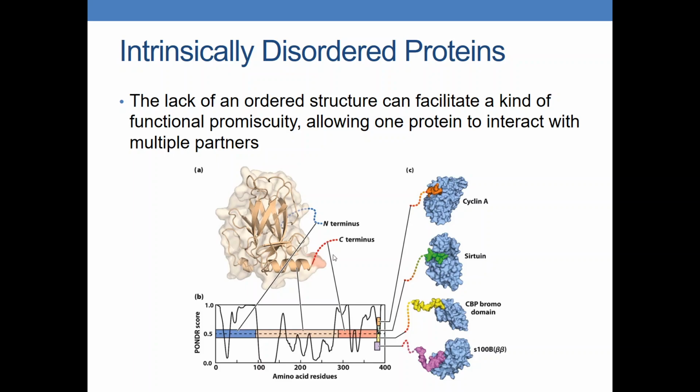So intrinsically disordered proteins are referred to as being promiscuous because they interact with a lot of different interaction partners and they are involved in a lot of different functions that are the consequence of these different structures that intrinsically disordered proteins adopt in response to that interaction.